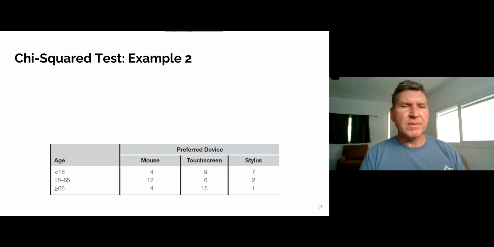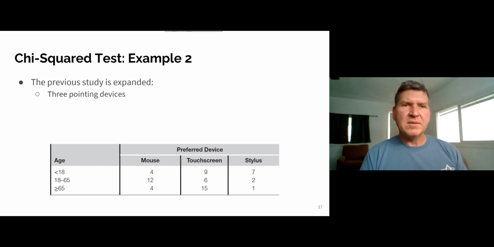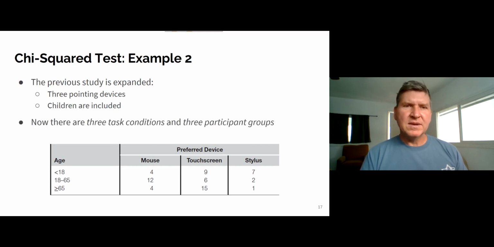So here's a 3x3. In this case, we're expanding the previous study. 3 different pointing devices: mouse, touchscreen, and stylus. We also include children. So now we have 3 task conditions and 3 participant groups, and we have a 3x3 contingency table. You see the results in terms of what each one preferred.